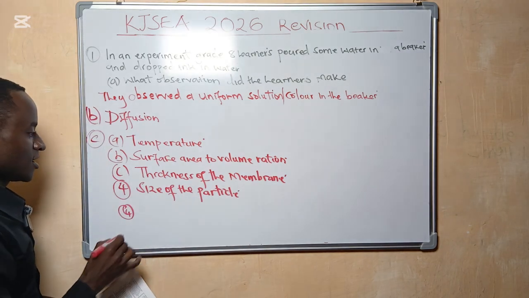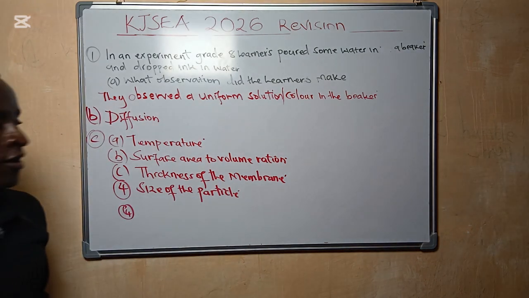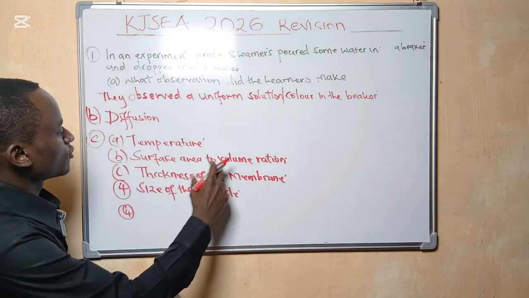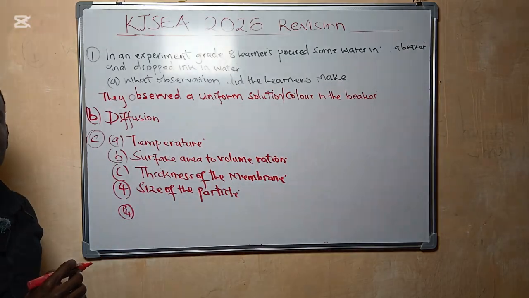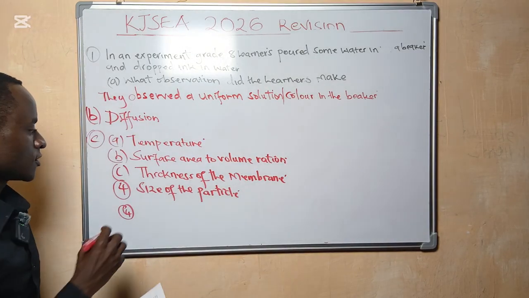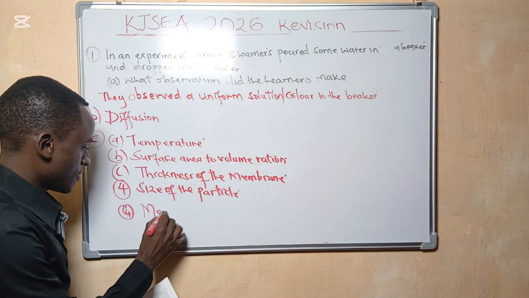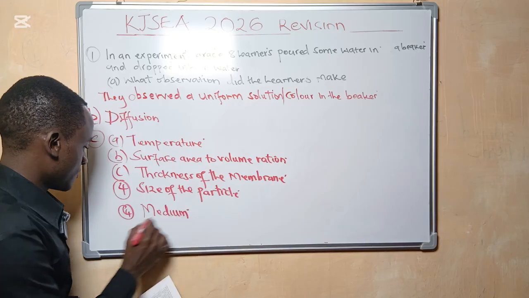Number 4, we have, remind me, apart from temperature, surface area to volume ratio, the thickness of the membrane, the size of the particle, the medium.